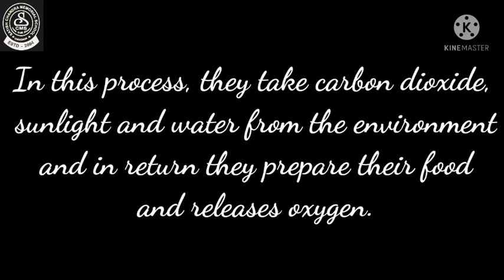In this process of photosynthesis, plants take carbon dioxide, sunlight, and water from the environment, and in return they prepare their food, and they also release oxygen, which we humans and other animals take for breathing. Without oxygen we will not be able to live, so we get oxygen from plants.